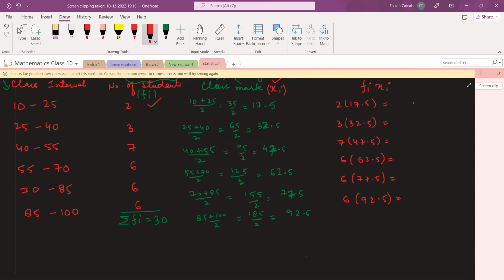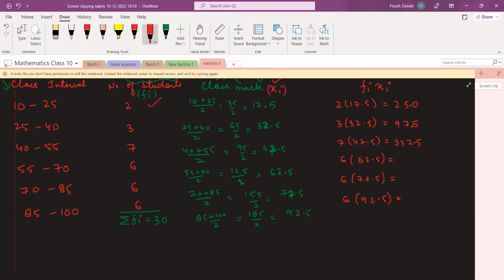So 2 into 5 is 10, carry 1, 7, 14 and 1, 15, carry 1. So that becomes 35.0. Now here 3 into 5 is 15, carry 1, 3 into 2, 6 and 1, 7. So that is 97.5. 7 into 5 is 35, carry 3, 7 into 7, 49 and 3, 52, carry 5, 7 into 4 is 28 and 5, 33.